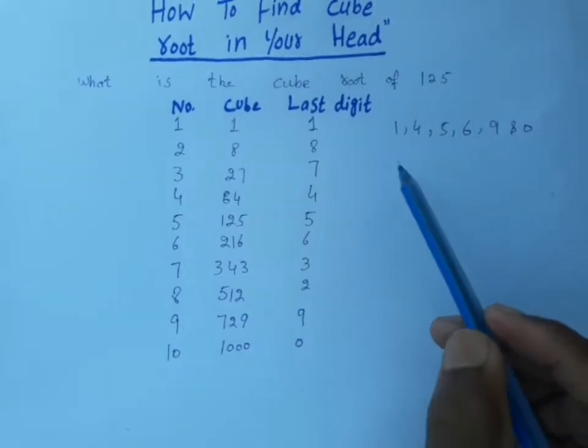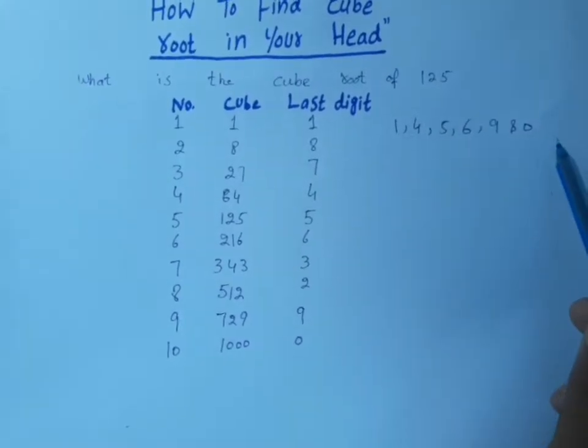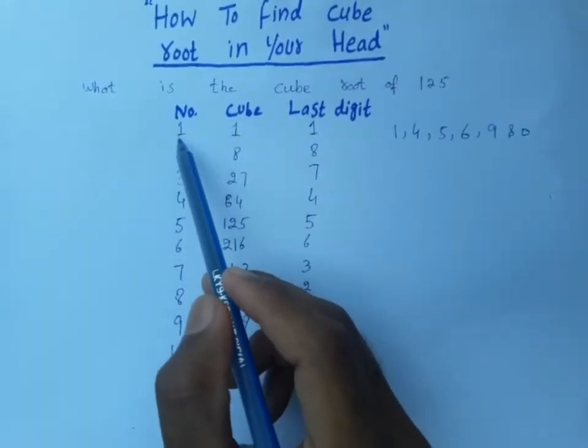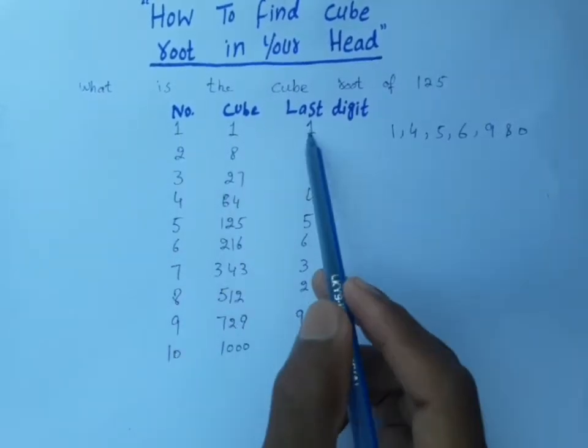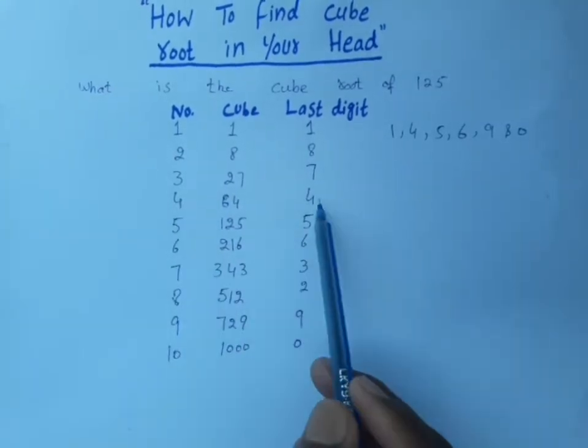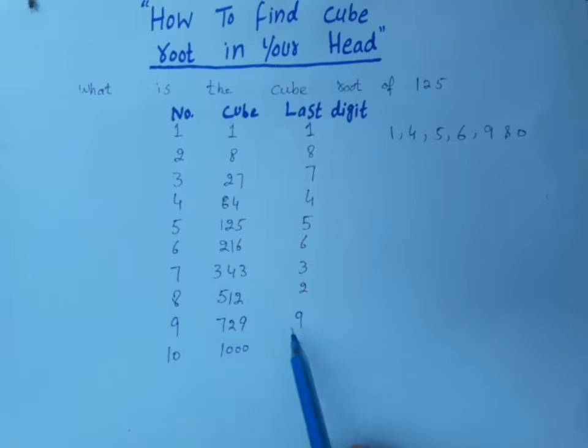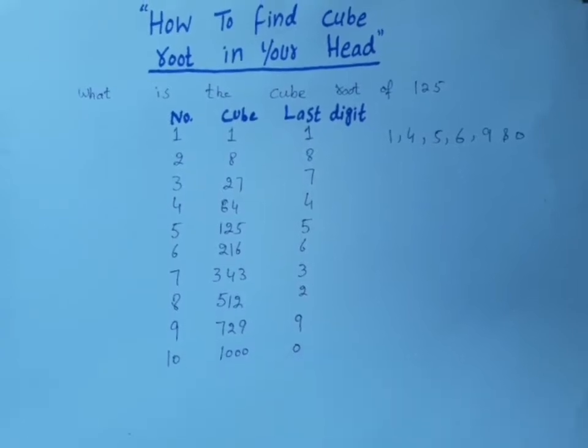You can note that for the numbers 1, 4, 5, 6, 9 and 0, the cube has the same last digit. You can see that the last digit for 1 is 1, for 4 is 4, for 5 is 5, for 6 is 6, for 9 is 9, and for 0 is 0.